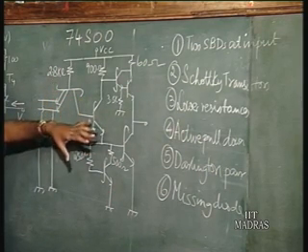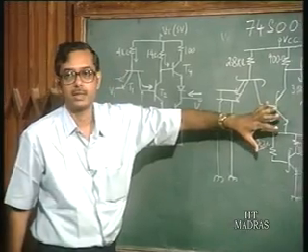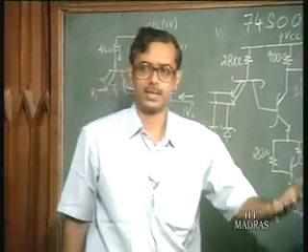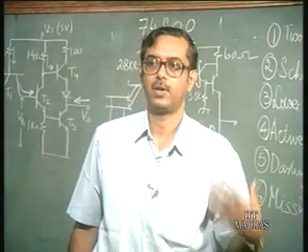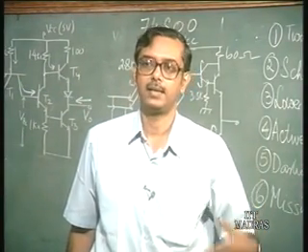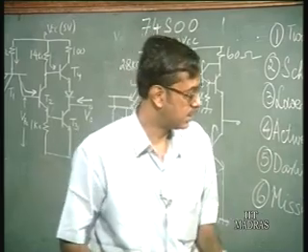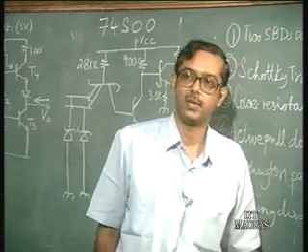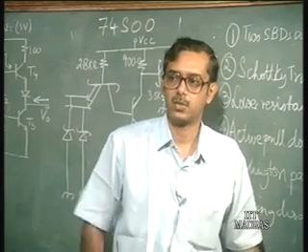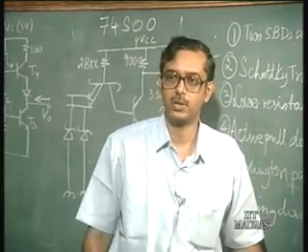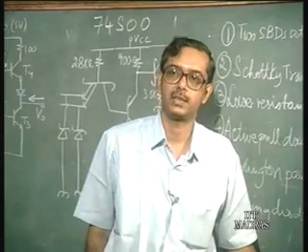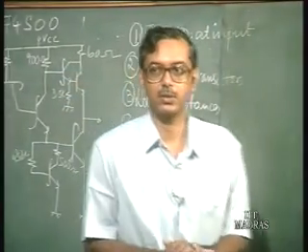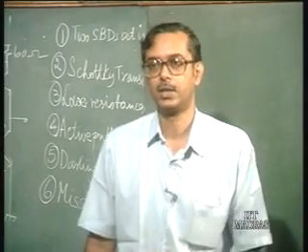We shall take up this 74S00, then go on with the newer series 74LS, which came up later, with further modifications, and then even the more recent advanced series of TTL gates, which have very good characteristics. Finally we'll go through the entire range of TTL series gates, and with that we shall conclude our discussion on TTL in the next class.